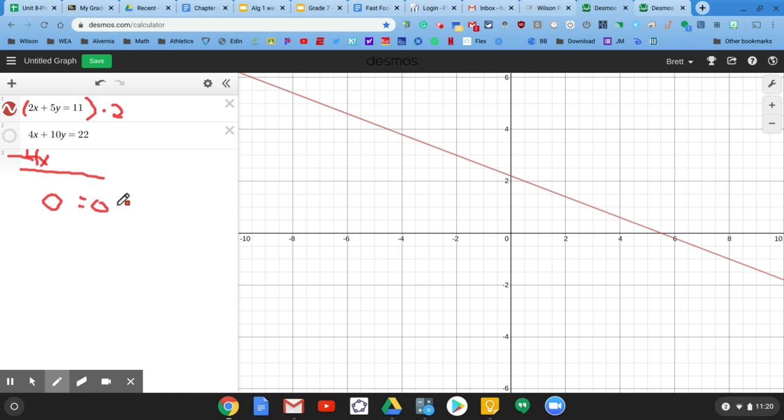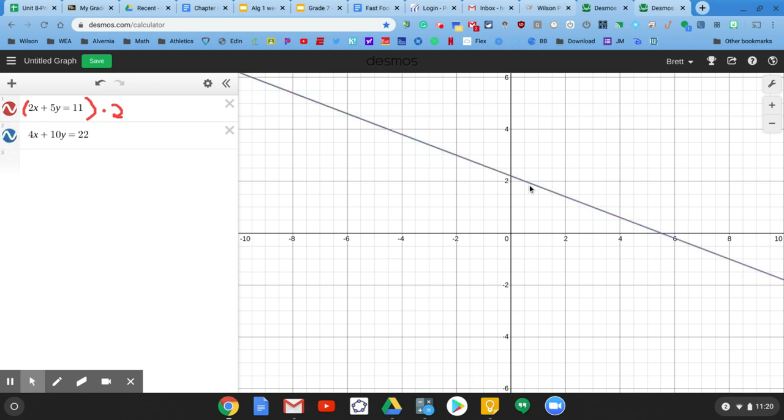So what I have to ask myself is, is that a true statement? If it is, then that leads into one of those special solutions we had back when we were solving regular equations, where the answer was all real numbers. Here's why that's true. When I go through and show this graph, the lines are exactly the same.